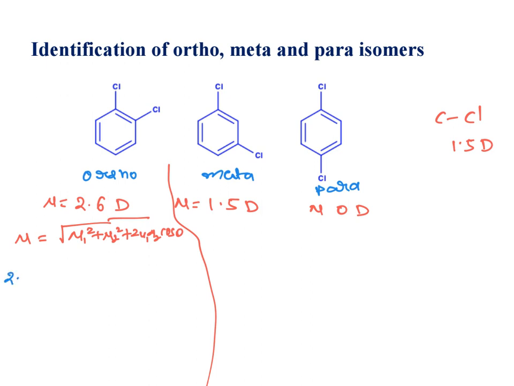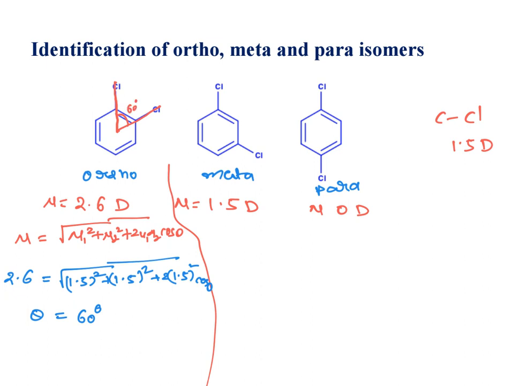If we substitute here, 2.6 equals the root of 1.5 squared plus 1.5 squared plus 2 into 1.5 squared cos theta. If I solve this, then the theta value comes as 60 degrees. So the information we are getting is that these two bond dipoles are oriented at 60 degrees. In this fashion, for the 2 chlorines, the theta value is 60 degrees. So this is the ortho isomer.